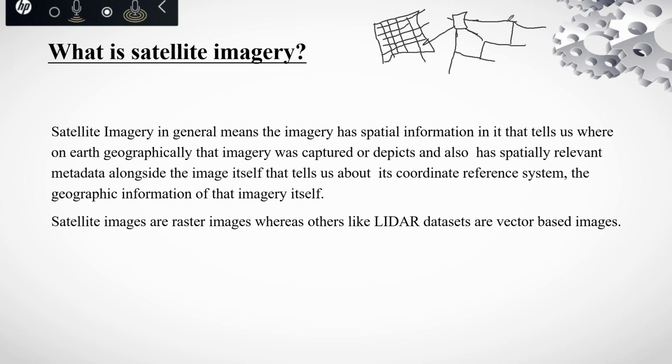So these are basically vector-based images. These are not raster images, because these are only picking up points from here, and from here. So these are the two types of images, and in this session we will be dealing mainly with raster images.